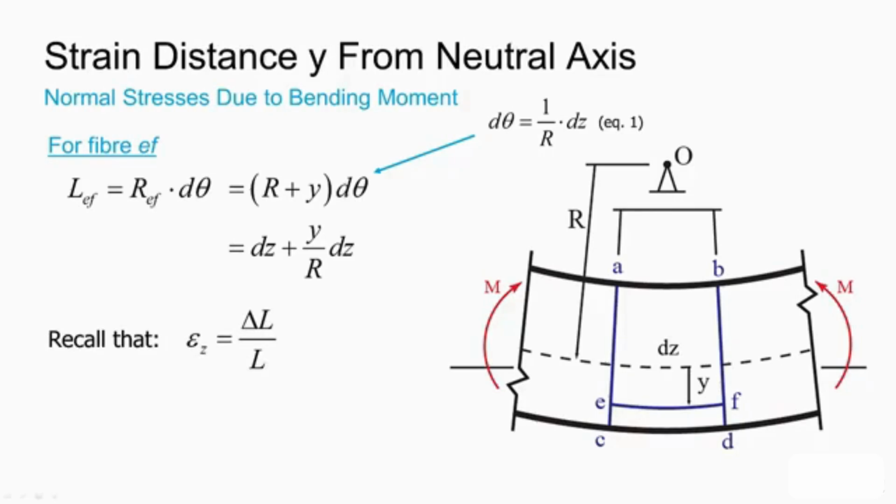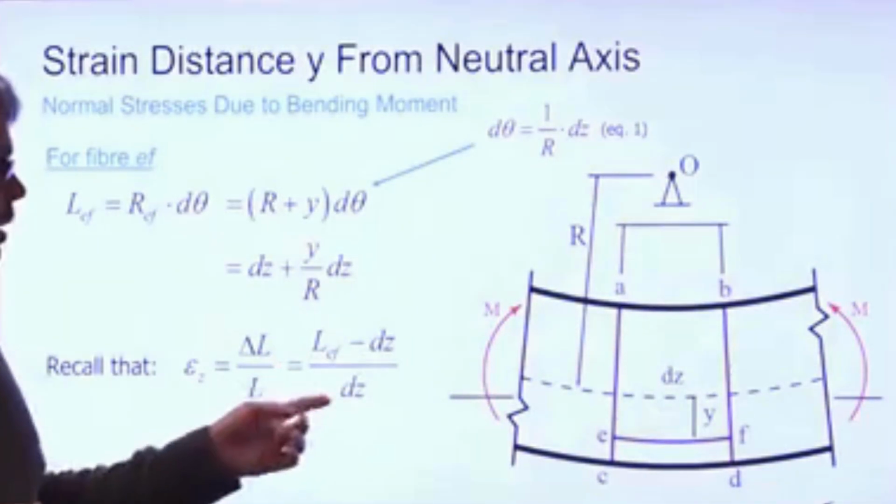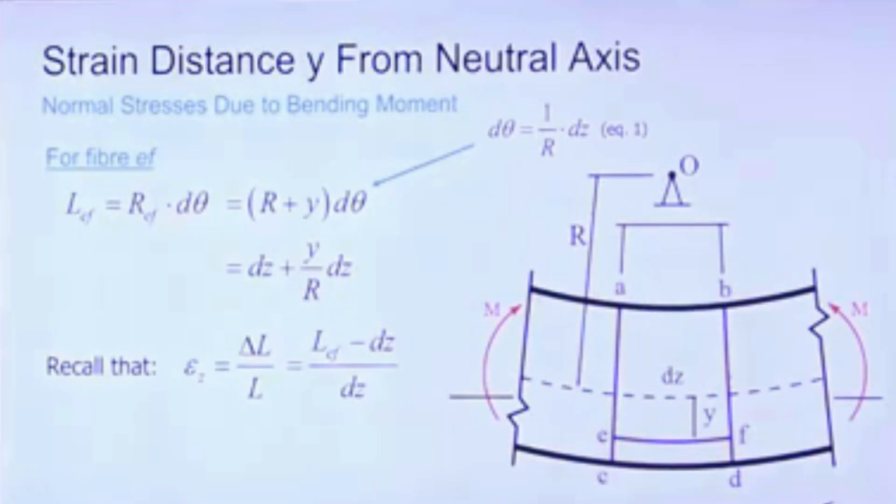Now, if we recall that a normal strain, an elongating or contracting strain, is equal to a change in length over an initial length, we can say that it is equal to the length of our fiber EF minus the initial length, which happens to be dz, and divide it by dz. That would give us our strain.